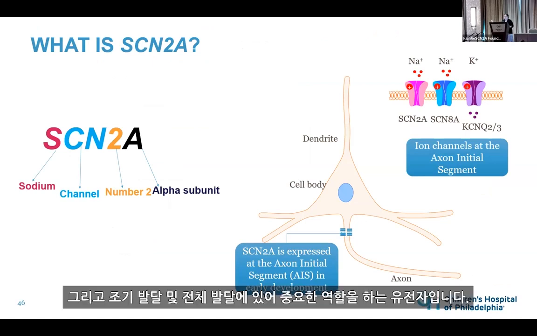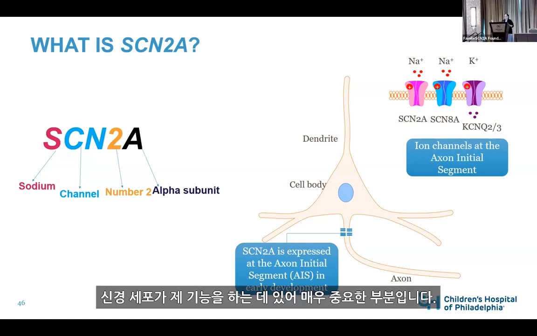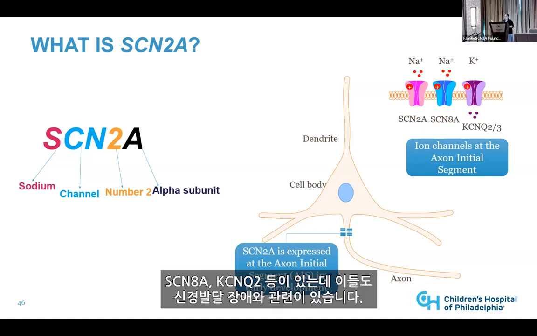It's really important in early development as well as throughout development, but in early development it is expressed in this segment of the nerve cells called the axon initial segment, which is a really critical piece of the nerve cell for its function. And there are other genes that are really important at the same spot, like SCN2A and KCNQ2, that are also implicated in neurodevelopmental disorders.